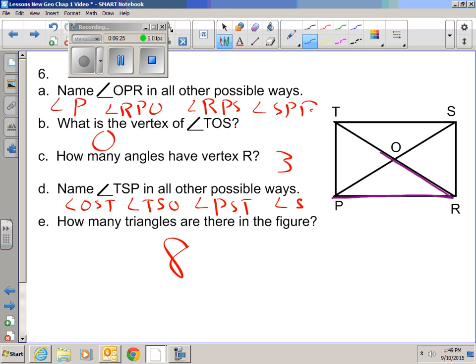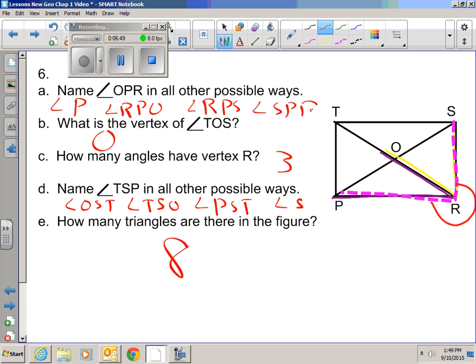There is also angle ORS, and then of course there is also angle SRP. So there are actually 3 different angles right there, not even counting, for example, the reflexive angles. And we don't usually count the reflexive angles unless we tell you to.